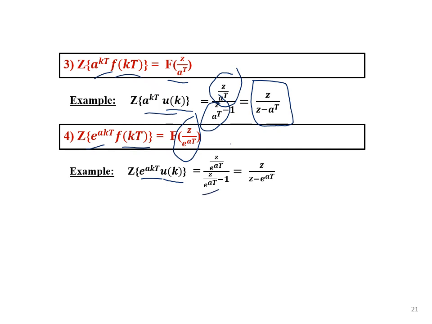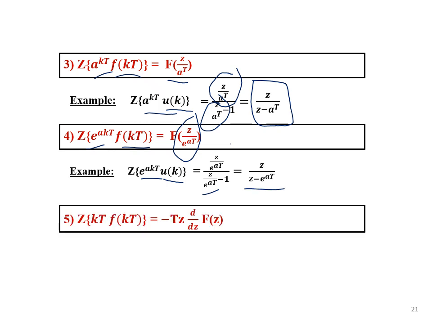Then we multiply the numerator and denominator by e power a t, and we get z over z minus e power a t. If we have kt times f of kt, then this will be the derivative d by dz of f of z multiplied by negative tz.